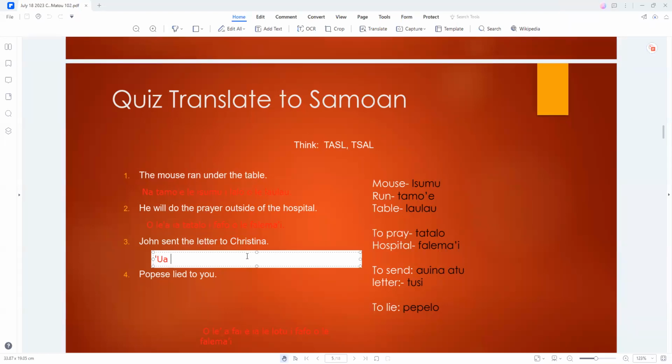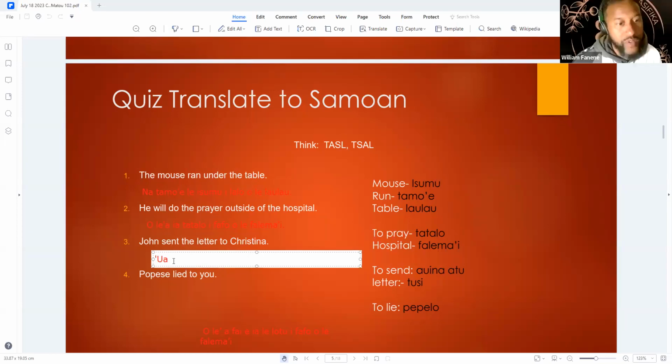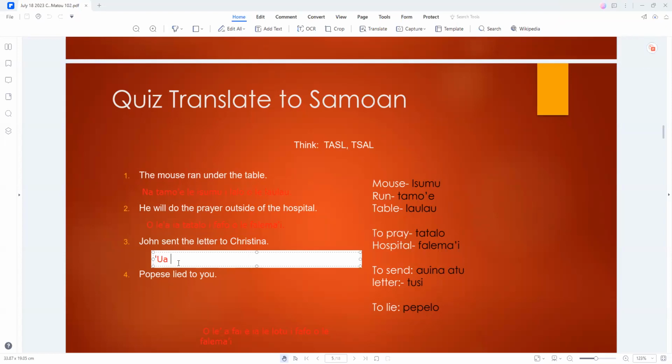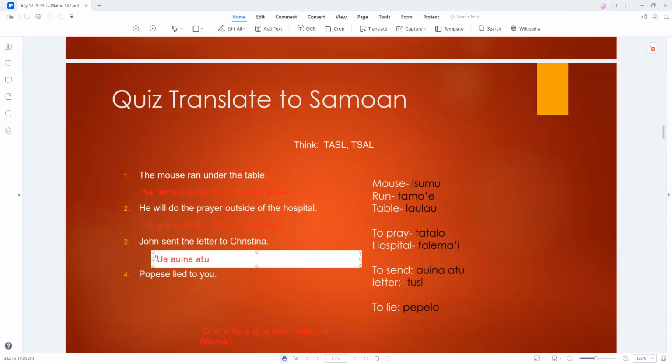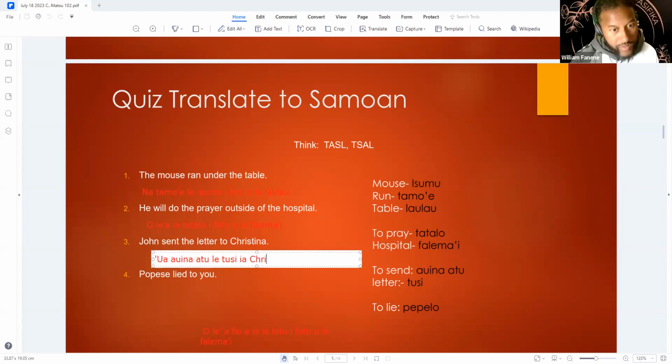Oh, sorry. Yeah, I say ua. Okay, so let's go with ua, and then what's our action? Would you use the awina atu? Awinatu, and then what comes after awinatu? Letusi. Ya Christina. Ya Christina. Yeah, Christina. Okay, and then we're just missing one element.